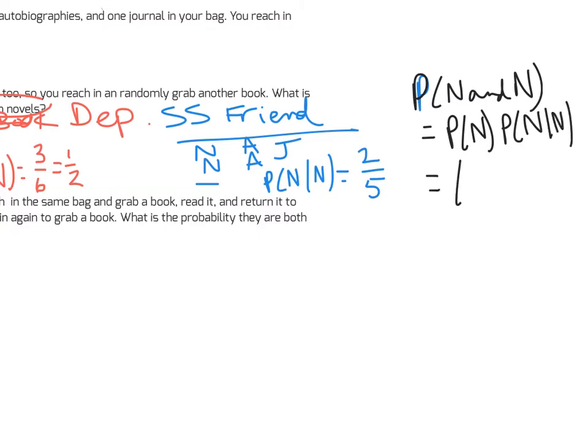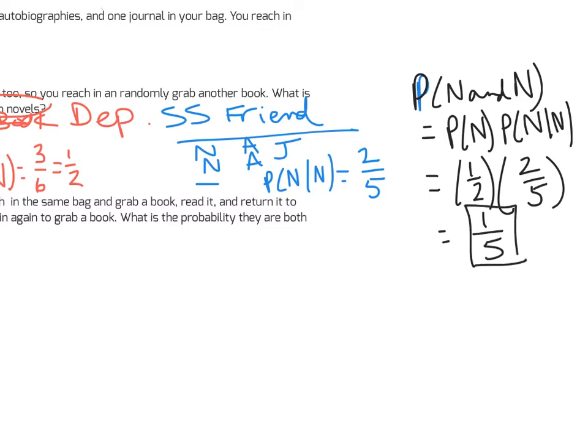So my first probability was 1/2, that's that I get a novel, and then my friend, after I've taken it out, will have a 2/5 probability of getting a novel. So there's a 1 in 5 chance that both her book and my book will be novels.